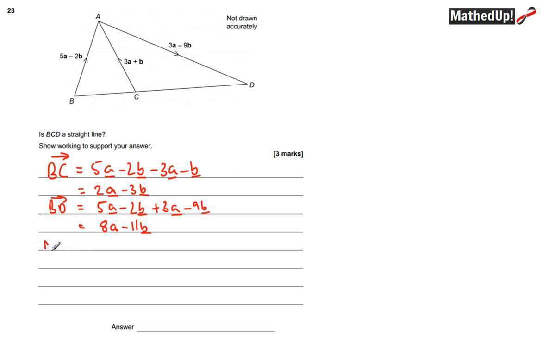We're going to say no, because BD is not a multiple of BC, so it's not going to be a straight line. So my answer here is no.